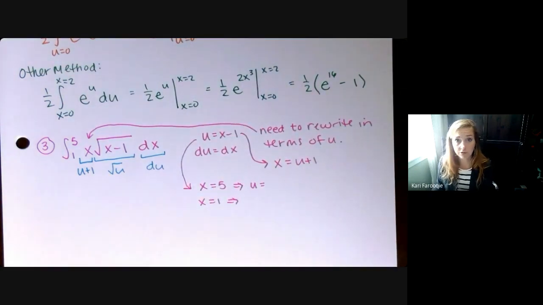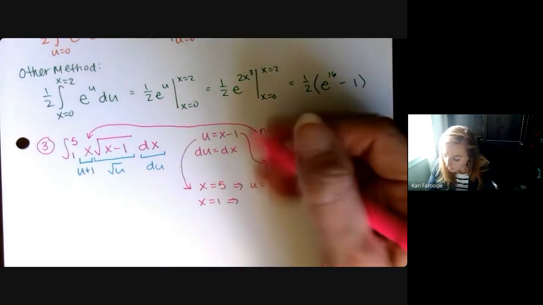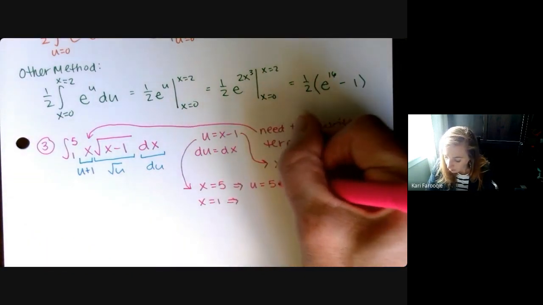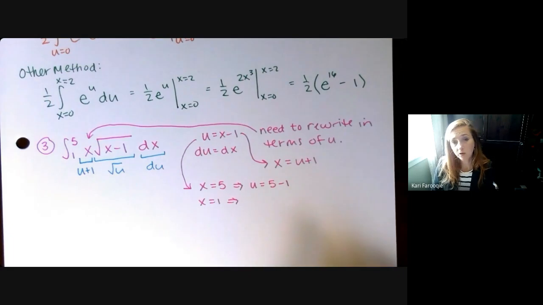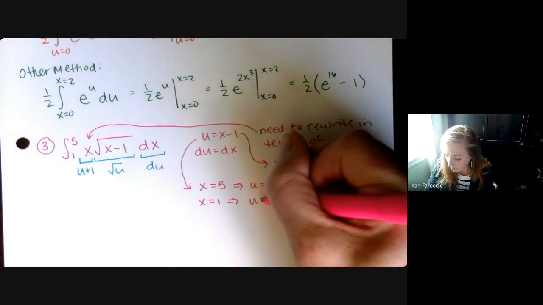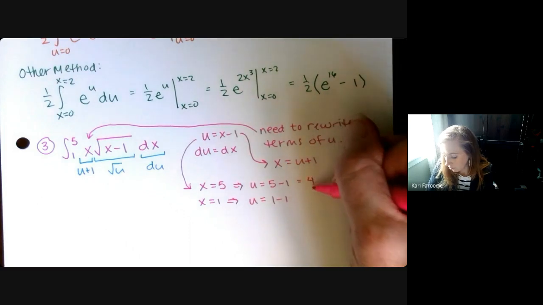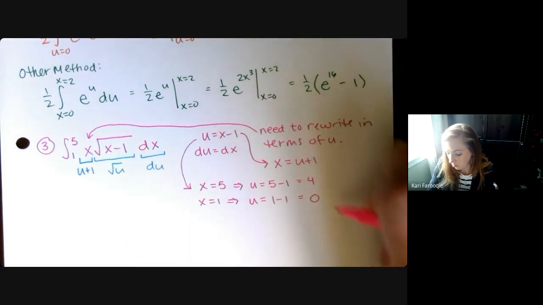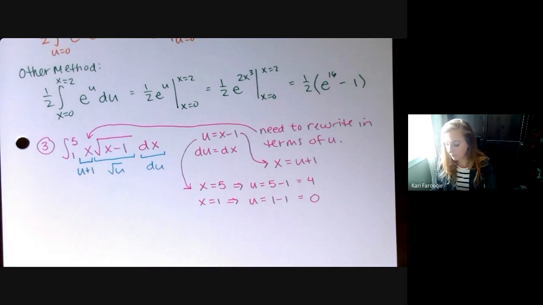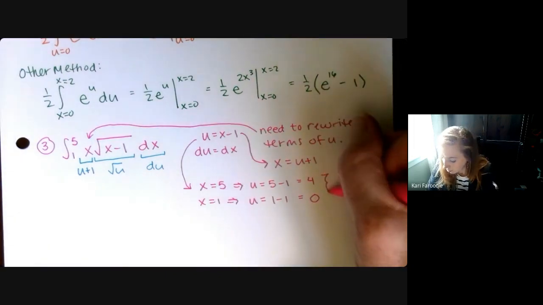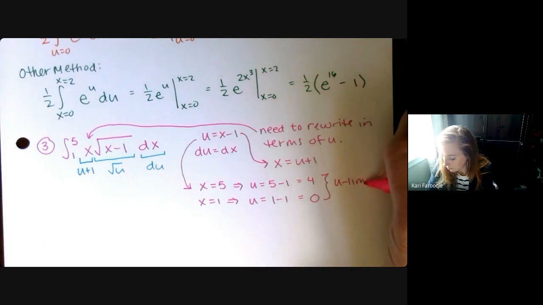I can rewrite them in terms of u. So if x is 5, u will be x minus 1. So u is 5 minus 1. If x is 1, then u is 1 minus 1. So u is going to end up going from 0 to 4. So those are my new u limits of integration.